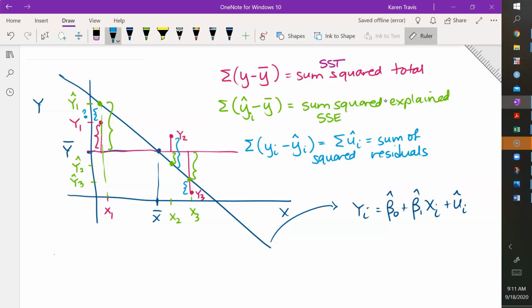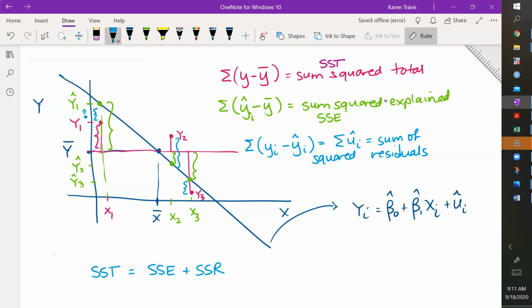So this is important because if we think about the following relationship, out of all the total sum of squares, or how much the y variable has dispersion or variation, it's broken up into two pieces. The piece that we can explain added to the piece that we can't explain.